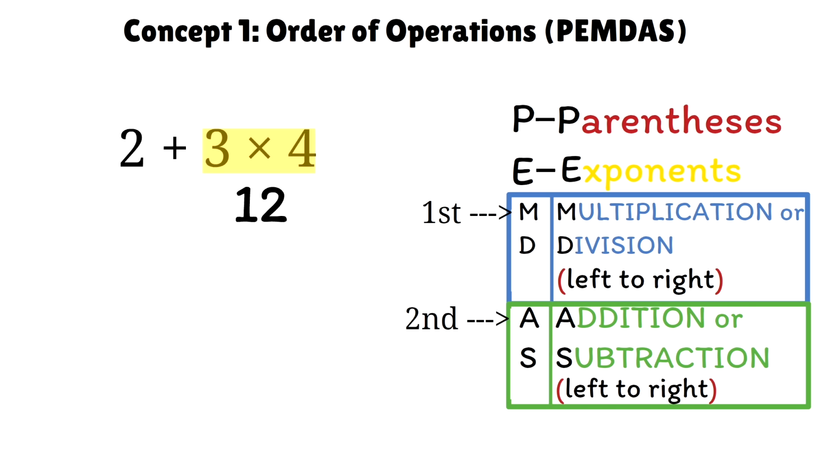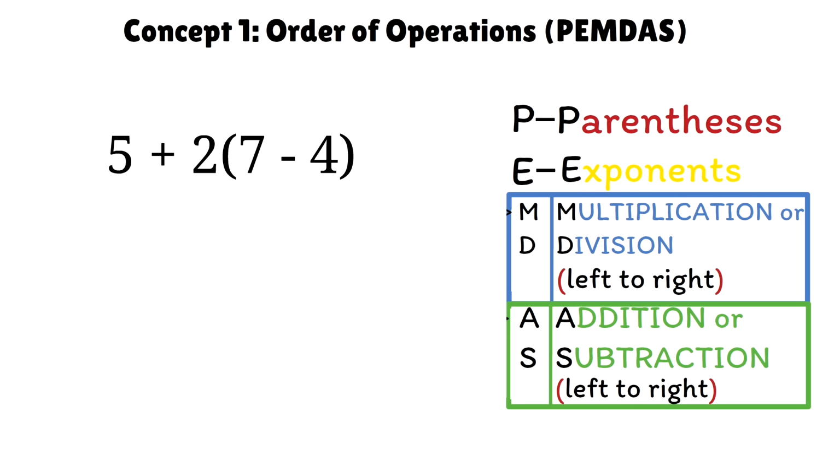Let's do another example. Let's say we have 5 plus 2 in parenthesis, 7 minus 4. To solve this question and get the right answer, we must use PEMDAS. Now, from PEMDAS, the parenthesis must come first. This means that we must solve everything inside the parenthesis first before anything else.